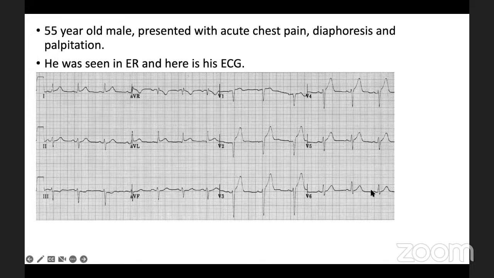Okay, so if you compare the ST elevation in V6 to the ST elevation in V2, what do you think is more significant? I mean, V2 is more significant, of course. Yeah, so the most prominent ST elevation you can notice is in V2, V3, V4. It starts to settle down in V5 and V6. It's not that prominent.